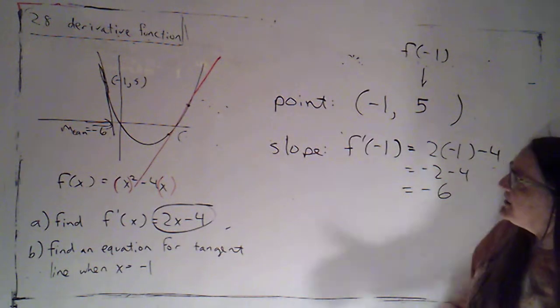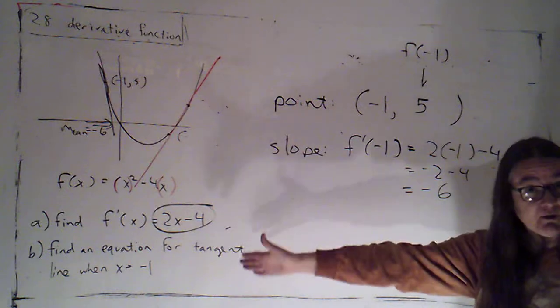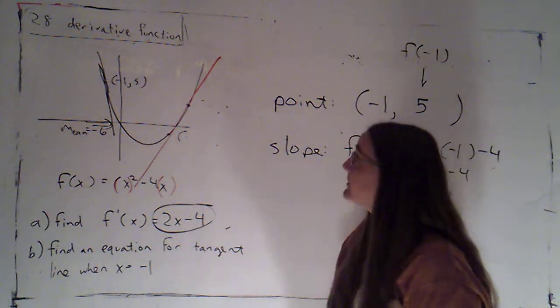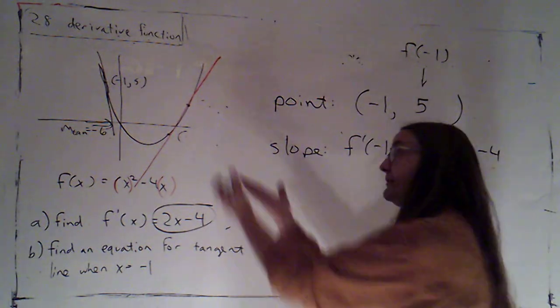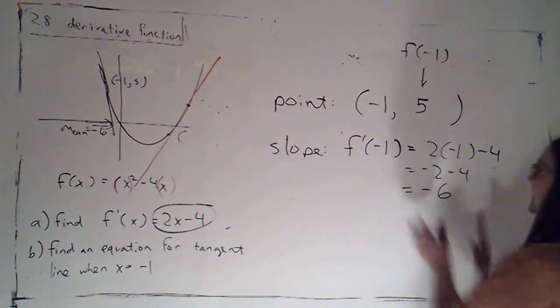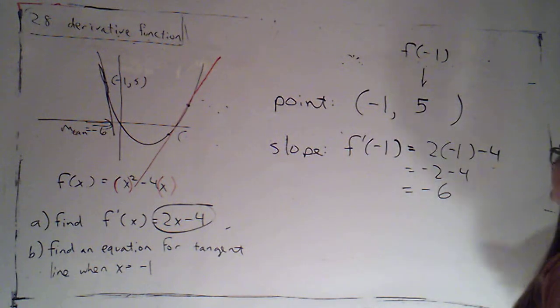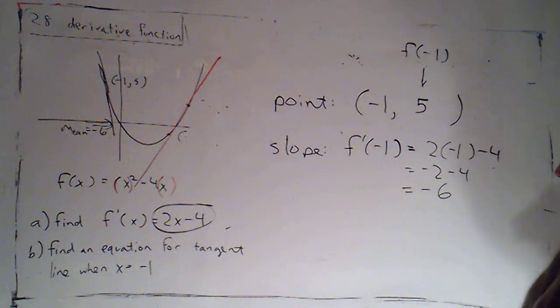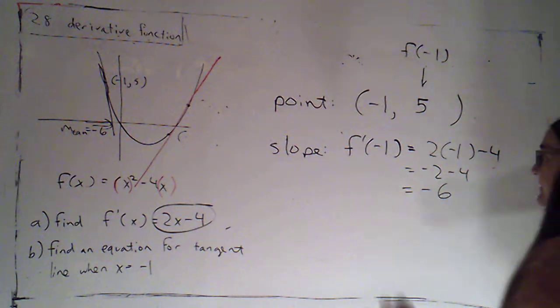That looks about right. It does look like I should be going down, so we should have a negative slope, and it's fairly steep. Kind of nice to be able to confirm graphically what we got using the algebra. Okay. But now I can go ahead and find an equation for this line.